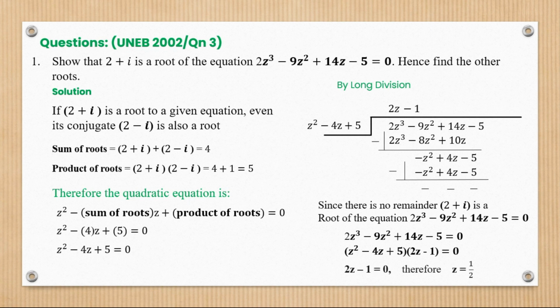We can also say that 2z minus 1 is equal to 0, of which z will be equal to a half. Now we don't need to deal with this already, because we've already found the roots that we can get from this, which will be the 2 plus i and the 2 minus i. So the third root we are looking for was z being equal to a half.